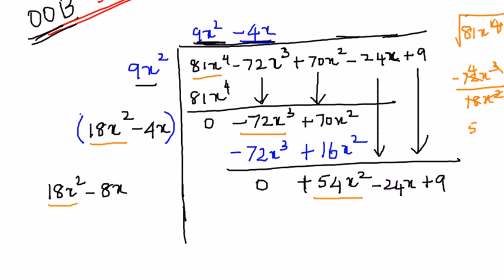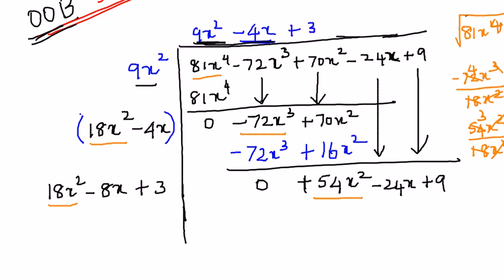So 54x squared divided by 18x squared, x squared gets cancelled, and 18 3s are 54. So I just get a plus 3. So I'll add this plus 3 over here, and I will also add it to the quotient here.